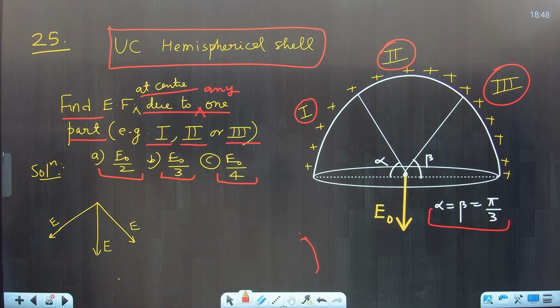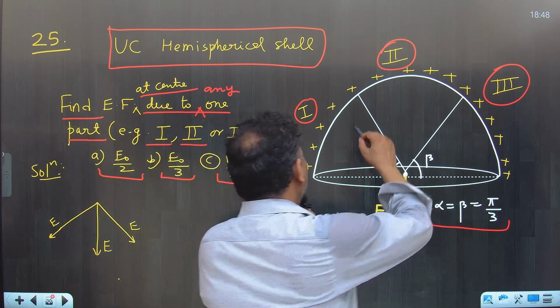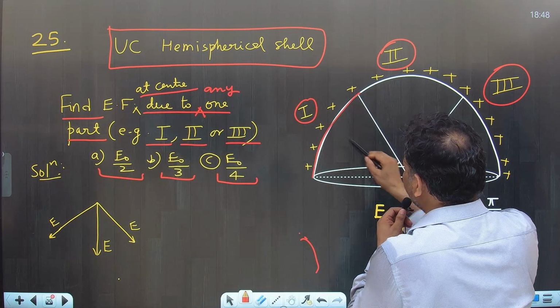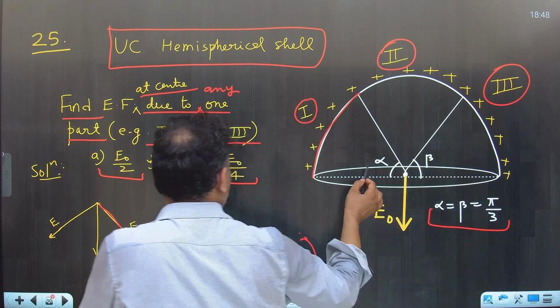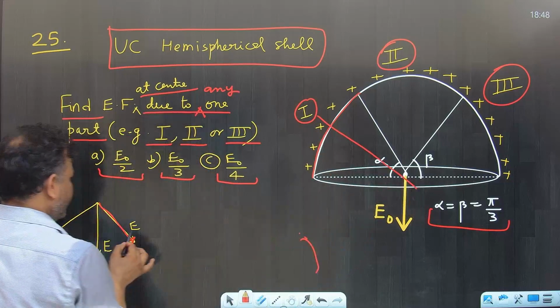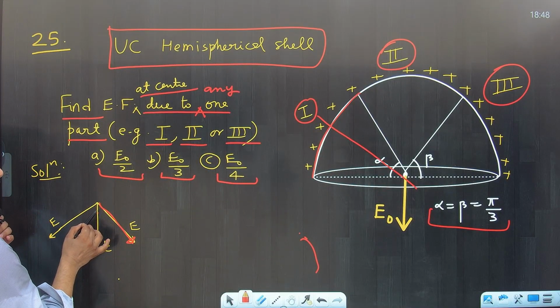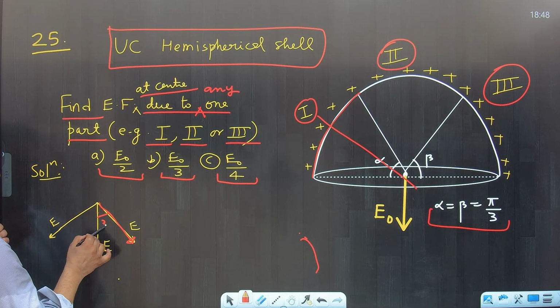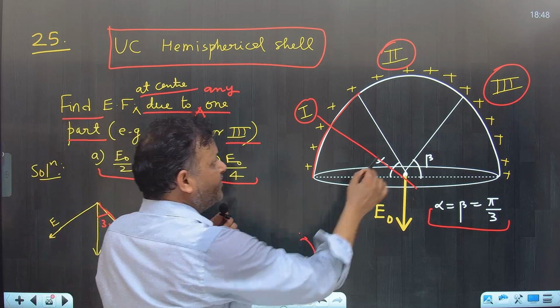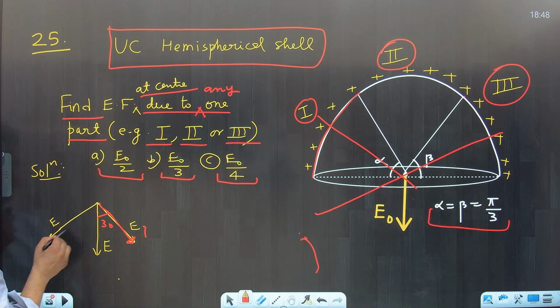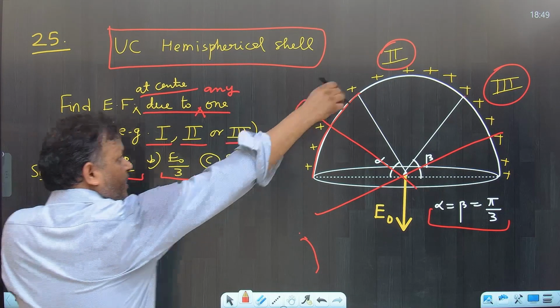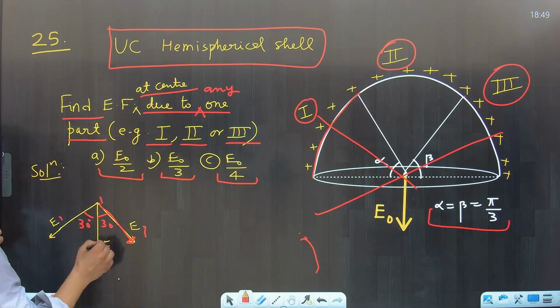It is very interesting. See, the electric field due to this part will be along the symmetrical line like this, at 30 degrees with the vertical here. And the electric field due to this part will be like this. Suppose it is E1, it is also at 30 degrees, and the electric field due to this other part is again symmetrical, E1.